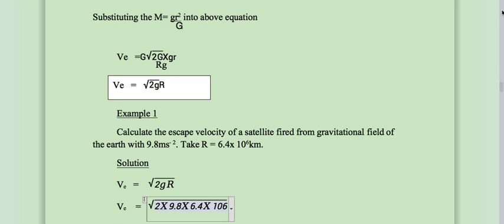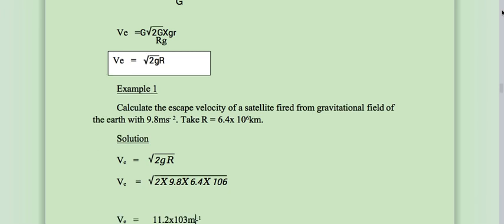Now, there's an example here for us to understand how to calculate the escape velocity of a satellite. Example 1. Calculate the escape velocity of a satellite fired from the gravitational field of the earth with 9.8 meters per second squared. Take R to be 6.4 times 10 raised to the power 6 kilometer. Solution.